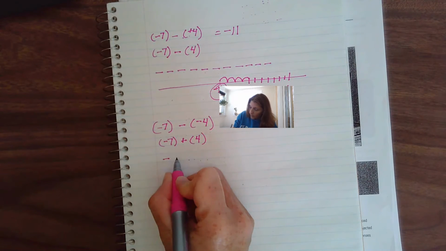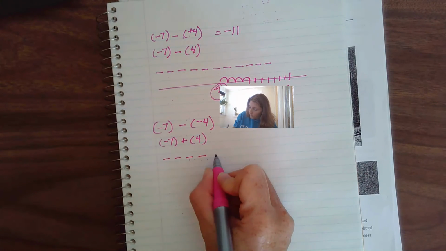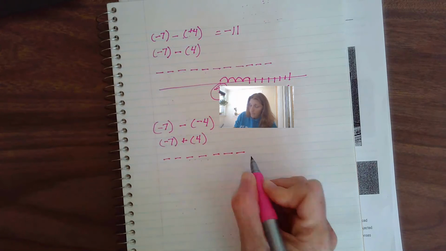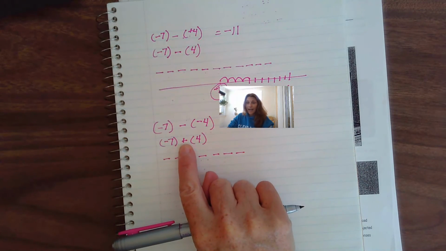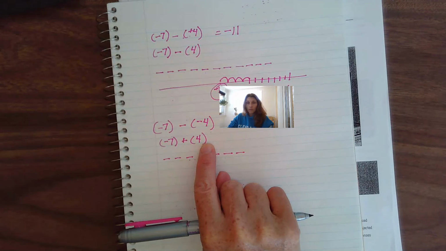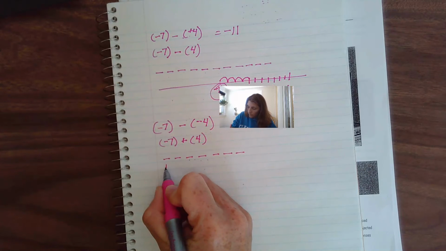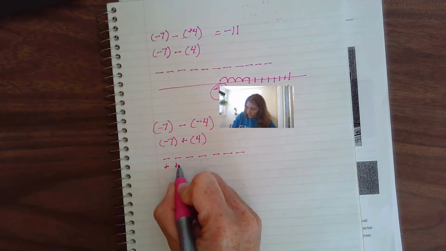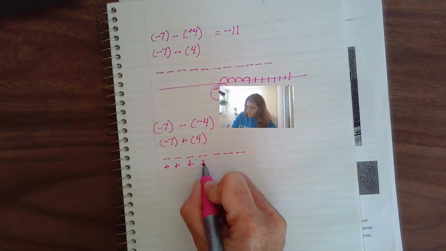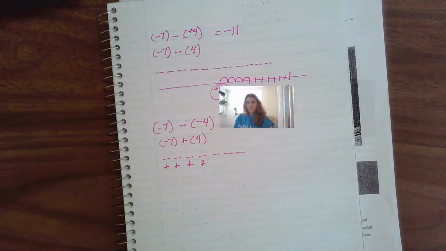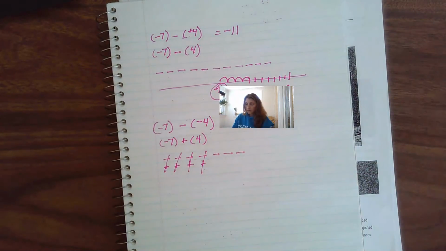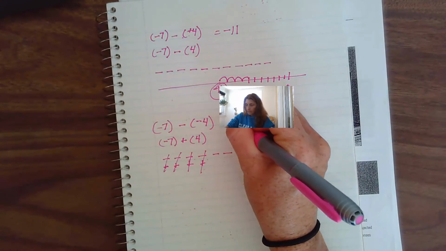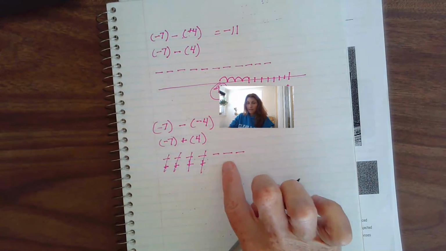So we have 1, 2, 3, 4, 5, 6, 7. 7 negatives. It says add 4. I'm adding 4 positives. There's those 0 pairs. Gets us to -3 left.